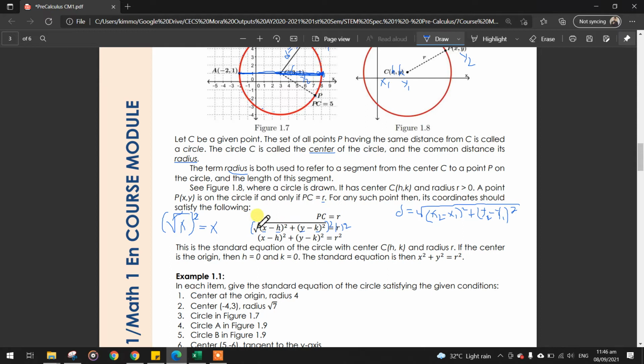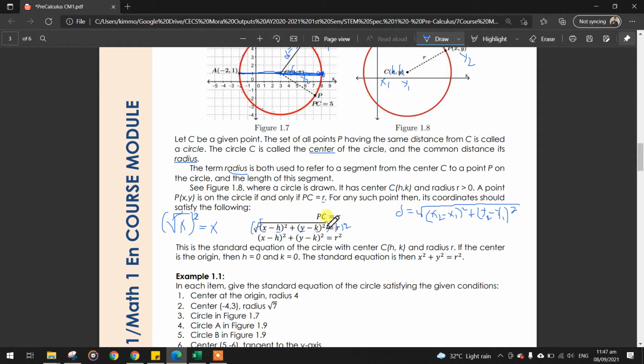So for this example, we square our radical sign, meaning the radical sign and the square cancel out. What remains is what is inside the radical sign, which is x minus h squared plus y minus k squared.